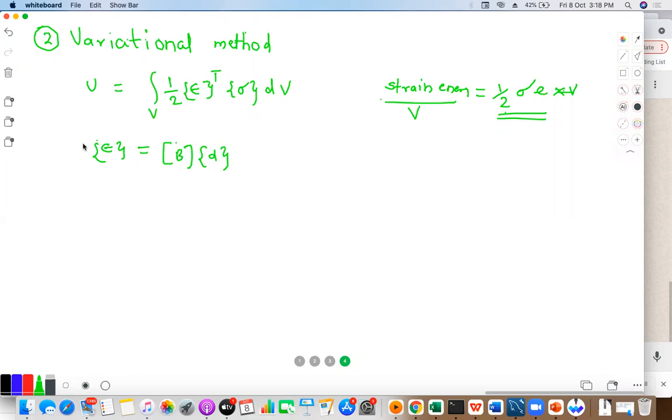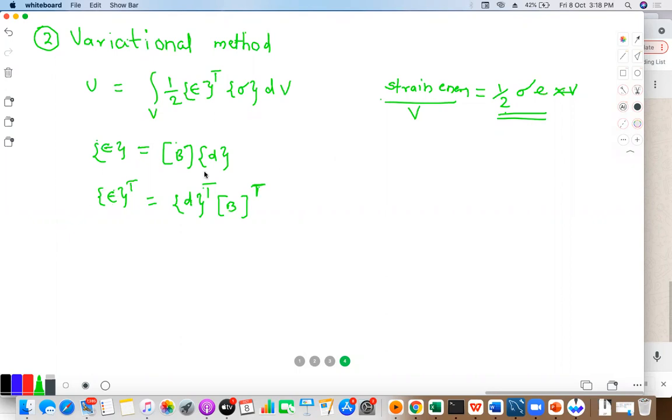Now, if I want to write epsilon transpose, then I will have simply D transpose. It will come here and transpose, and B will go here and transpose. Multiplication of them. Okay.